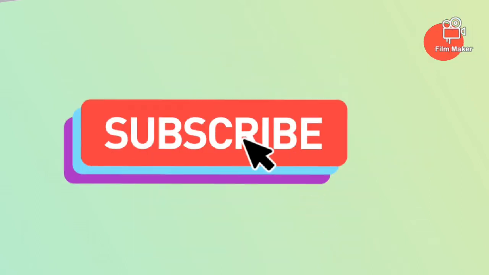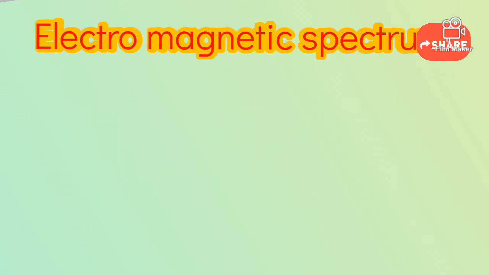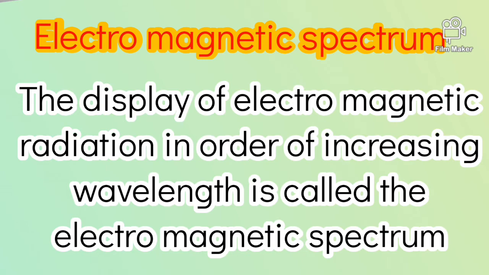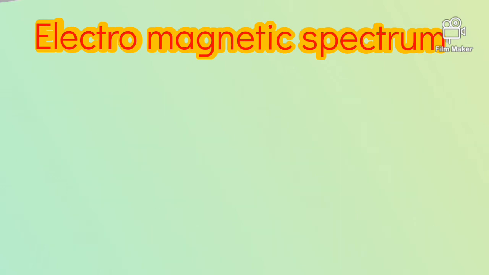Then we will discuss the electromagnetic spectrum. What is the electromagnetic spectrum? The electromagnetic spectrum is the display of electromagnetic radiation in order of increasing wavelength.